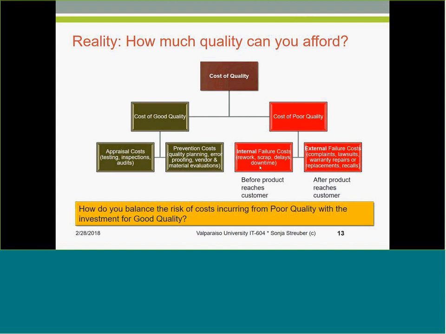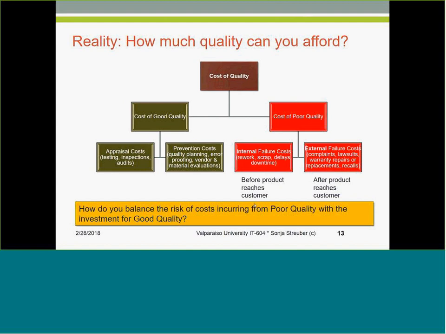Sometimes that requires rework. Sometimes that also requires delays, waiting time when you have to pay for somebody to wait for something else to be done, right? That, of course, is a cost of poor quality, and that is not the quality of the product. No, that is the quality of your planning, right? Downtime, for example, right?